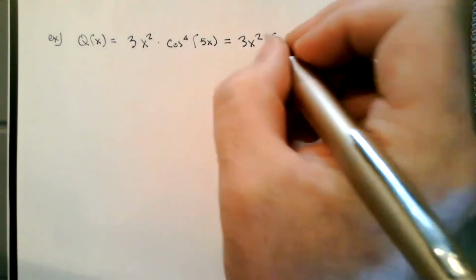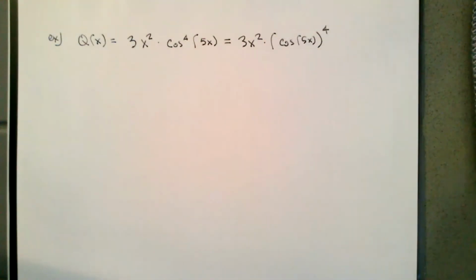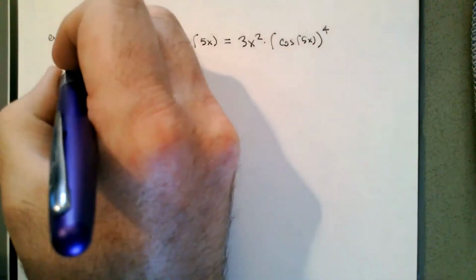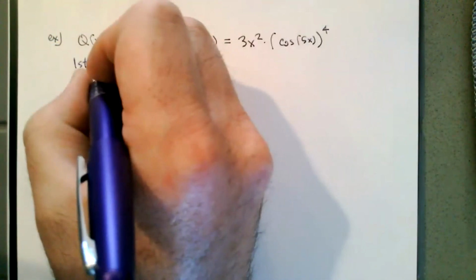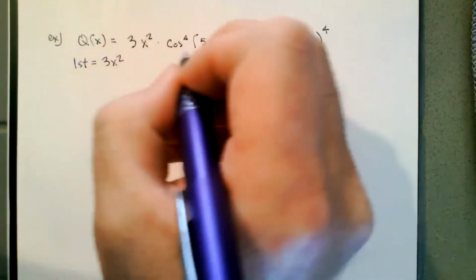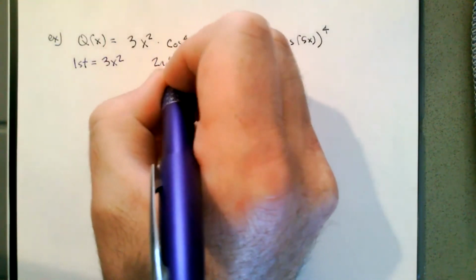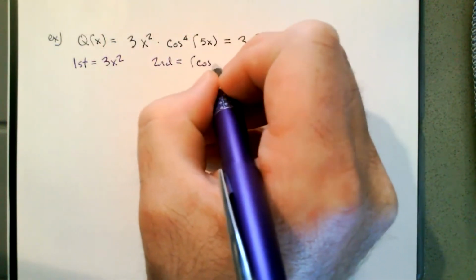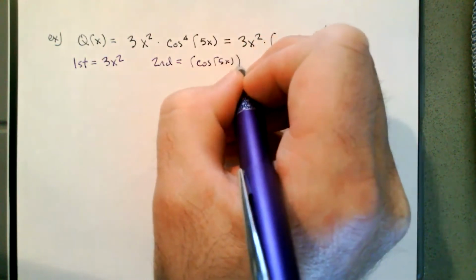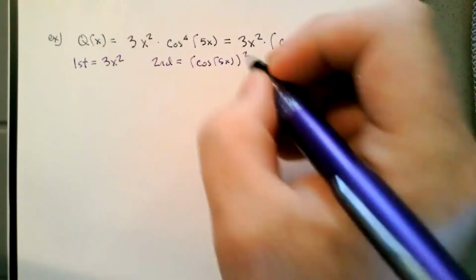That tells me that what's going on here is a product rule. So I need to identify a first, which will be 3x squared, and a second, which will be the cosine of 5x to the fourth power.